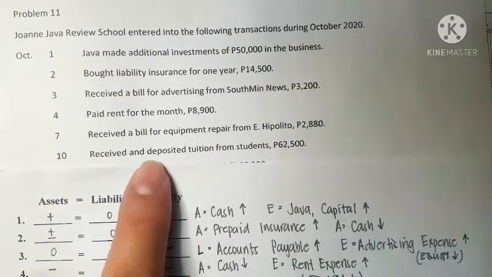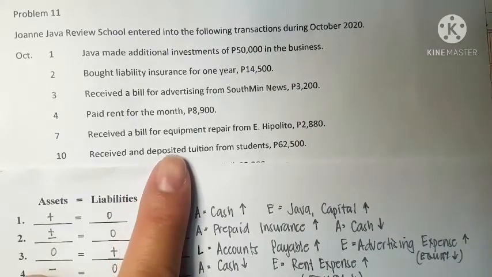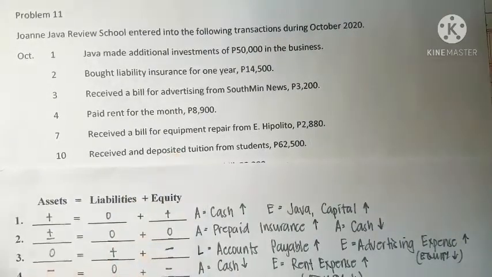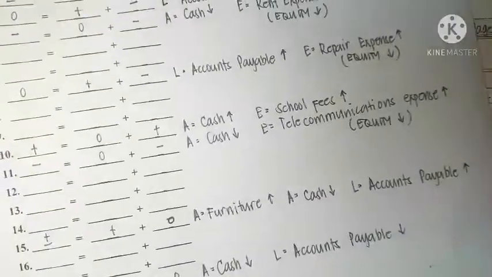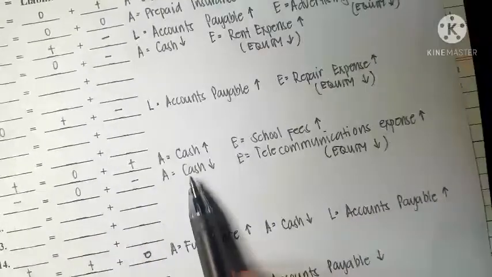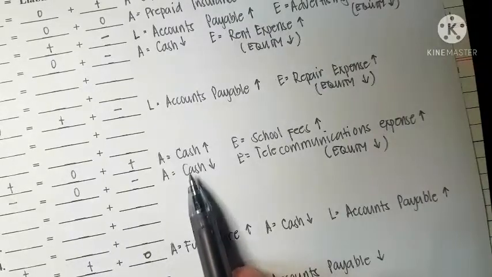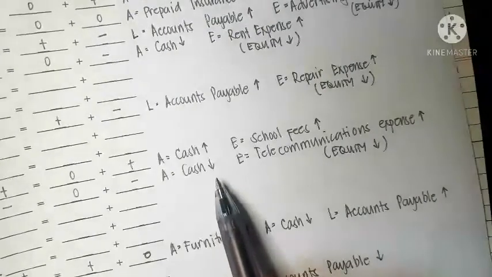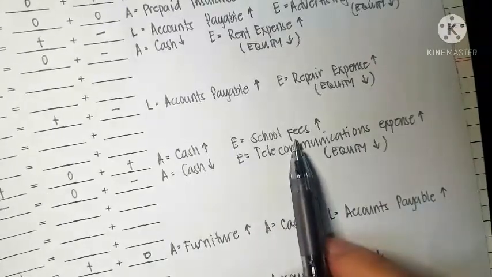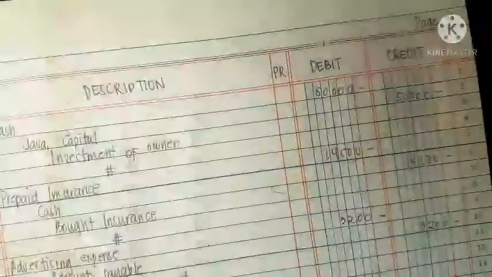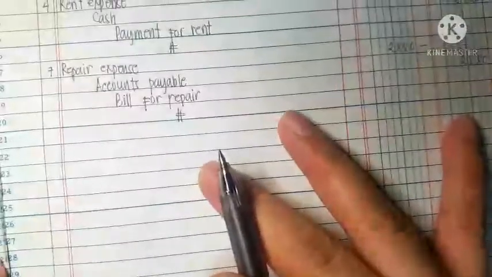On October 10, received and deposited tuition from students for 62,500. Increase in assets, particularly cash, and increase in income, particularly school fees. So, we put that in our journal entry, October 10.